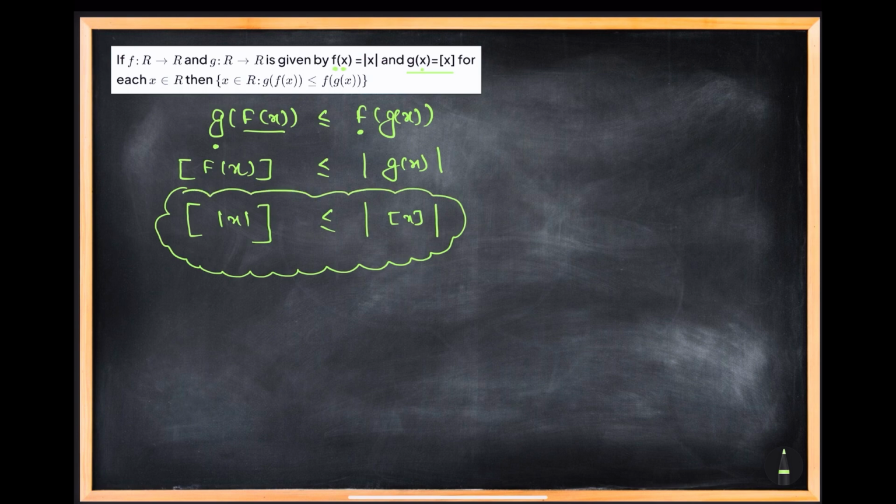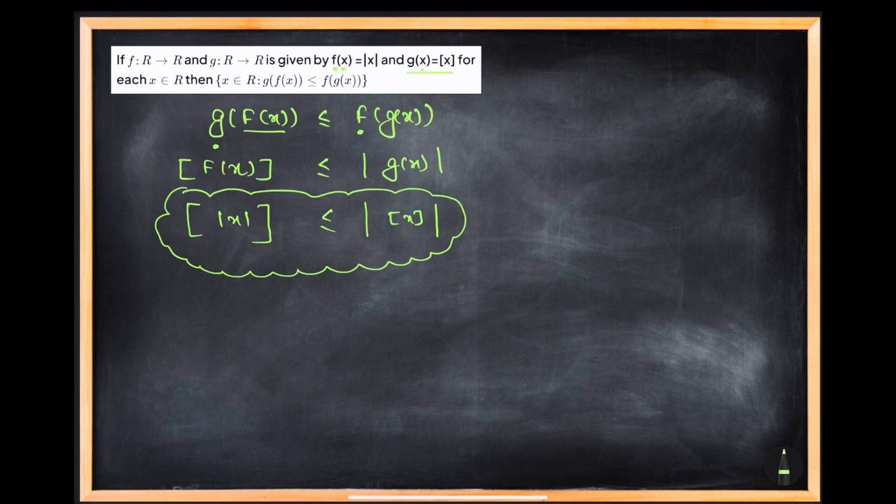So I would recommend you guys, whenever you are handling these kind of situations, where you are trying to compare box x with something, fractional part with something, or fractional part with box function, you should talk to two components. First, integer and non-integers.